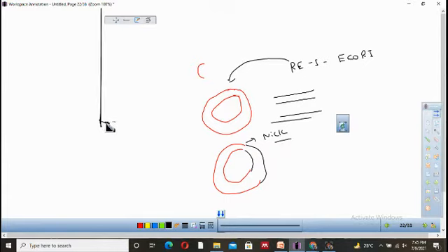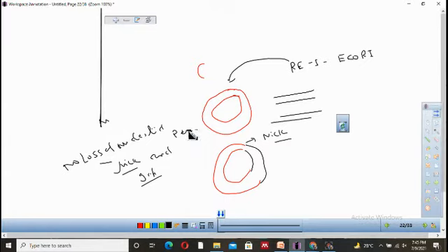So basically, nick and gap are different. Nick means there is no loss of nucleotide, and the nick is due to the absence of the phosphodiester bond.